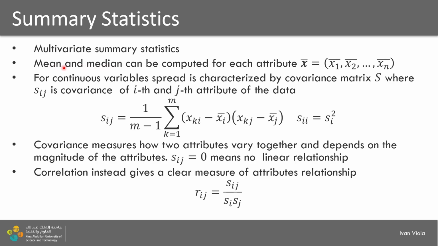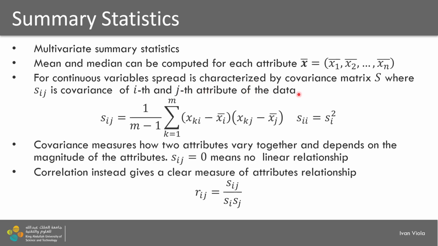Mean and median can be calculated for each attribute separately, and then we can have a mean vector, consisting of elements which are the means of the individual attributes. And then for continuous variables, spread can be characterized by the so-called covariance matrix S, where S_ij is the covariance of the ith and jth attributes of the data.